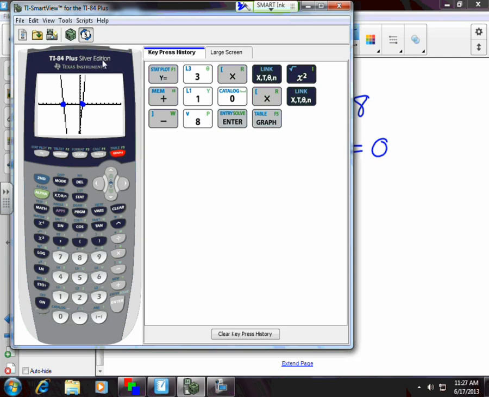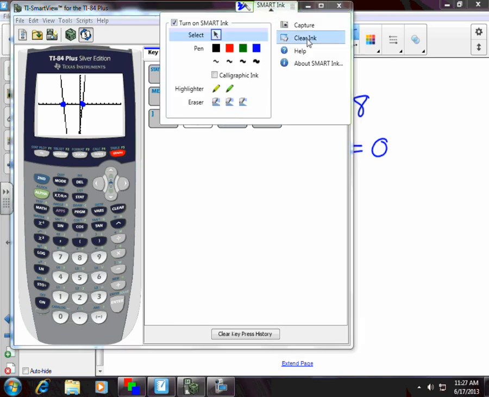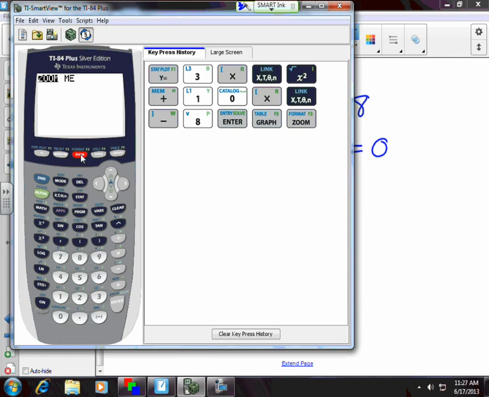Now, if your graph does not look like this, that must mean you were in a different window doing something else. So remember to choose zoom and option 6 to get to the standard window, minus 10 to 10 on x and minus 10 to 10 on y. Okay. So let's go after the leftmost horizontal intercept.